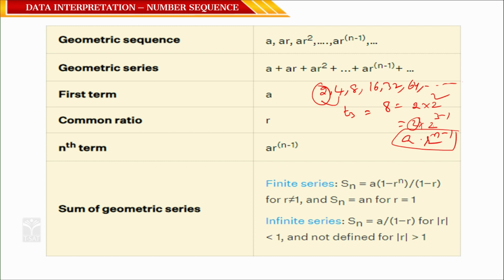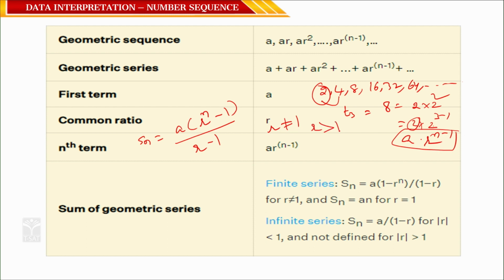Okay. But there are two kinds of series in the geometric series, maybe finite, maybe infinite. Okay. So, if the r value is more than 1, then the sum of n terms Sn is equal to a of r to the power of n minus 1 by r minus 1. The condition is r is not equal to 1 and r is greater than 1.